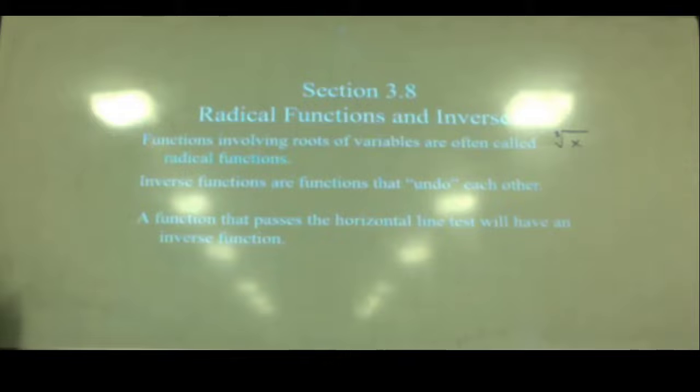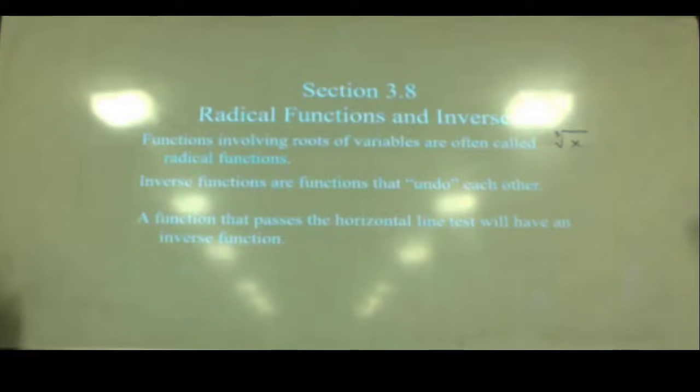They undo each other. Whatever one does, the other one undoes. Does that make sense? So if one function multiplied by 7, the other function would have to divide by 7 to undo what the first function did. Does that make sense? If one function added 3, the other function would have to subtract 3, right? So you end up back where you started.